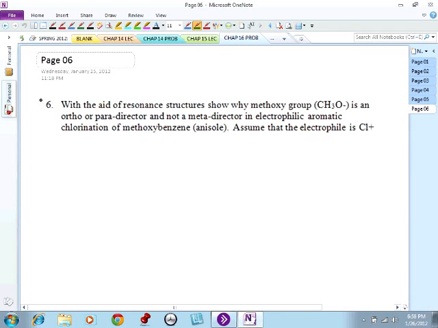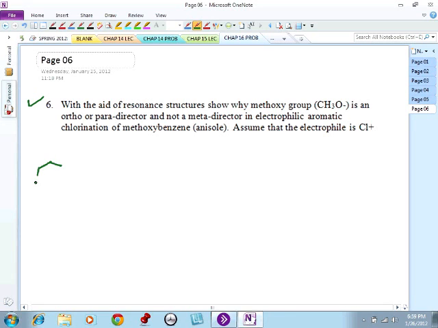Okay, Ambria, go ahead and read this. Use resonance structures to show why the methoxyl group is an ortho or para director and not a meta director in electrophilic aromatic substitution of methoxybenzene. Assume that the electrophile. Okay, very good. Does anybody know how to go about doing this?